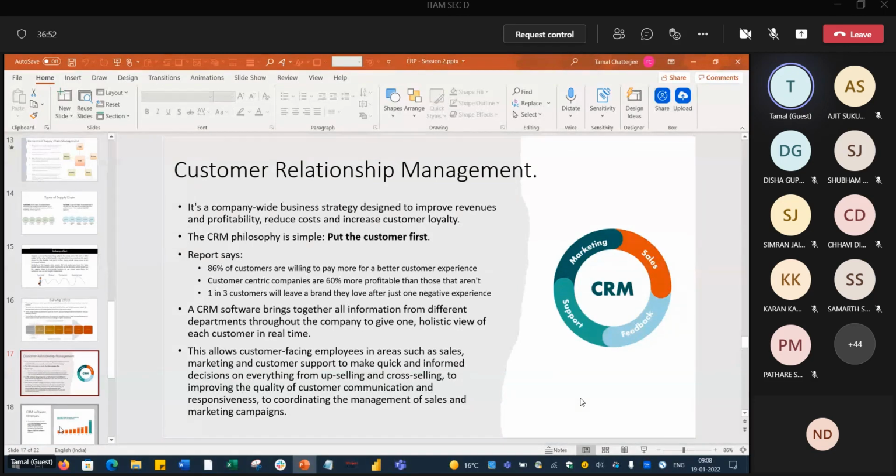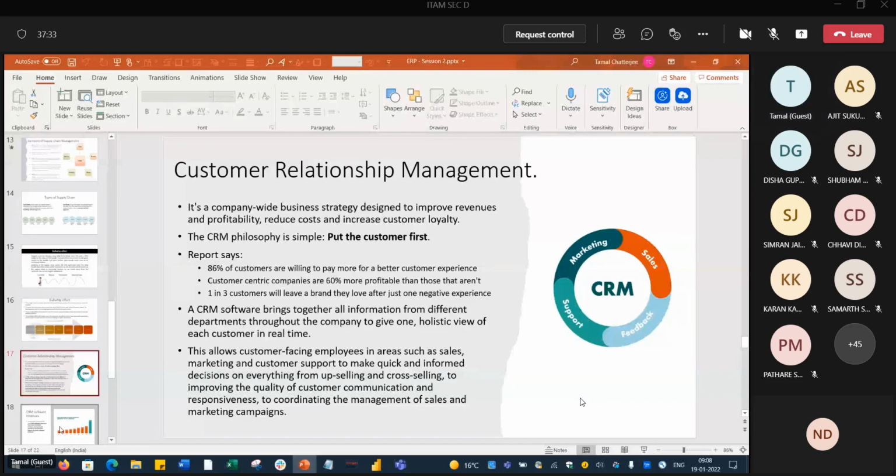Suppose you are buying a shirt, then they will try to push a pen as well for you. That is cross selling. But if you are buying one shirt and they give an offer, if you buy two, the second shirt will come at a 30% discount, that is the same product but at a cheaper rate, that is basically upselling. So these are the sales terms, and obviously CRM is always about selling, so it has to be very much customer centric.